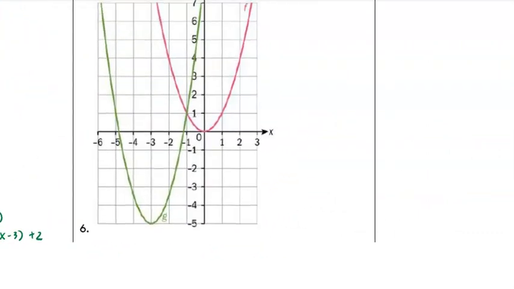Next one. Okay. There is the vertex. Let's see what happened to it. We moved left 1, 2, 3. Left 3. And down 1, 2, 3, 4, 5. Down 5.